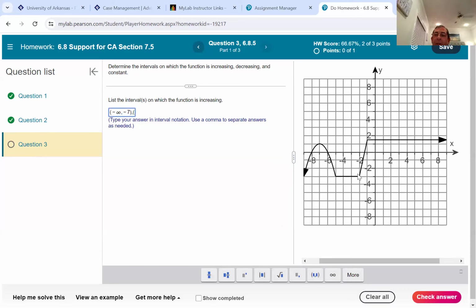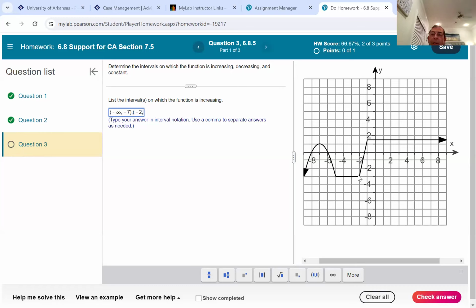So the next one is this little slanted line to the right. So I need the x value where it starts going uphill. Y'all, let's go straight up. That looks like -2 there, right?